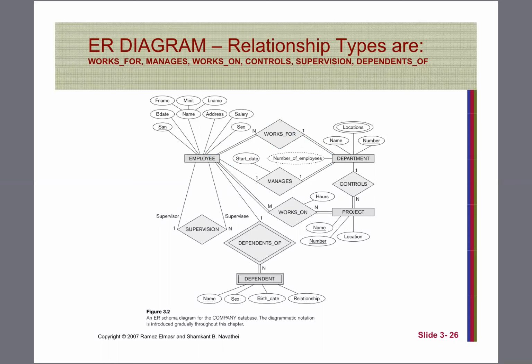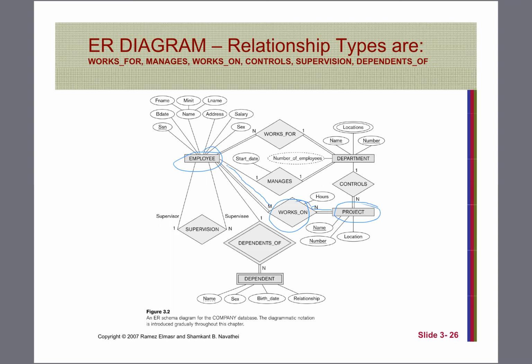Similarly, you can derive the meaning. Not everything can I tell you here, but on the lines that I have told you, you can very easily derive the meaning out of all these lines. Now, if you observe, employee is related to the project entity through the works on relationship.